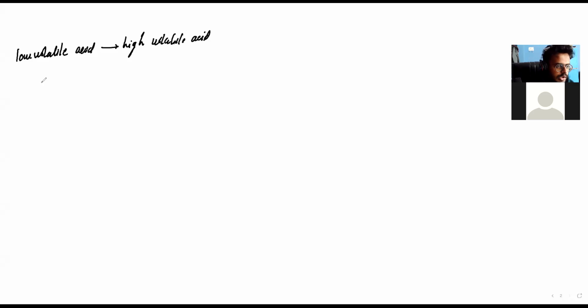So now, in our case, the low volatile acid is sulfuric acid. Sulfuric acid is very less volatile, and the high volatile acid is nitric acid. So by using sulfuric acid, we can produce nitric acid. So that is the laboratory preparation.